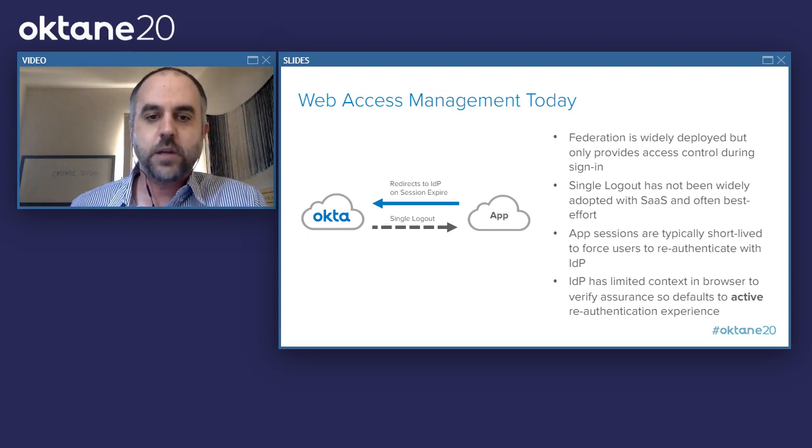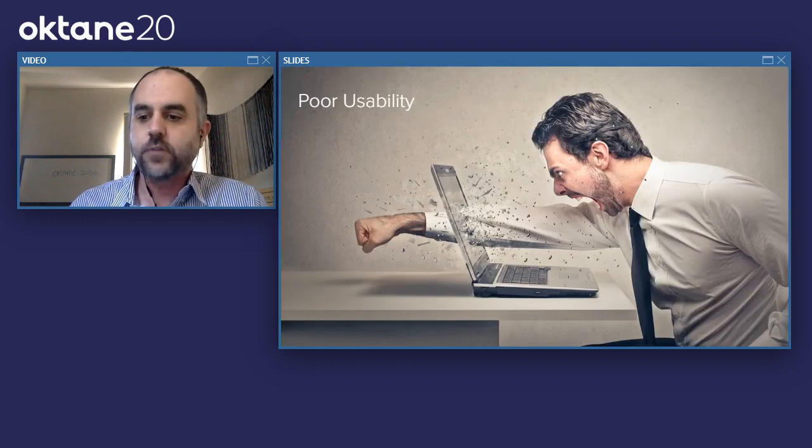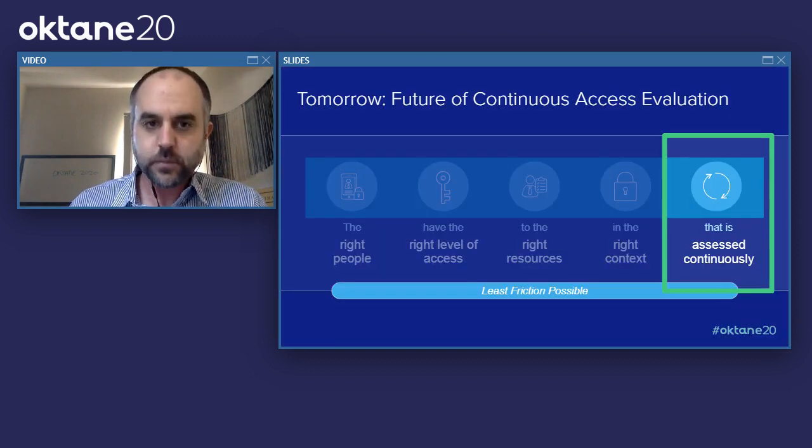And so what ends up happening a lot of times is the user is forced to do full two-factor authentication every time they need to revalidate their assurance. This leads to a very frustrating experience for our end users, where every day they are asked, why do I have to keep logging in again? That's just a constraint of both the identity provider having limited context and the application not being able to update whether you should have access or not without kicking you back to the identity provider.